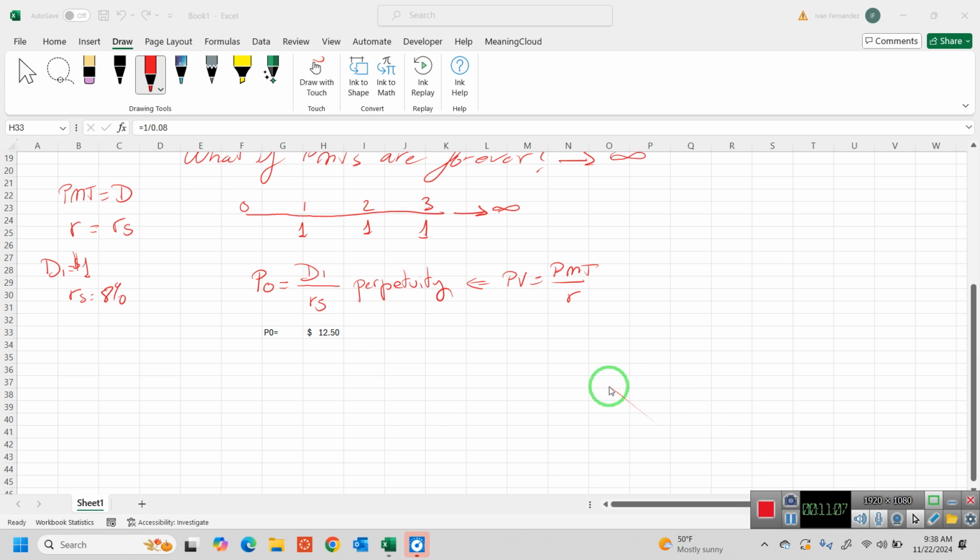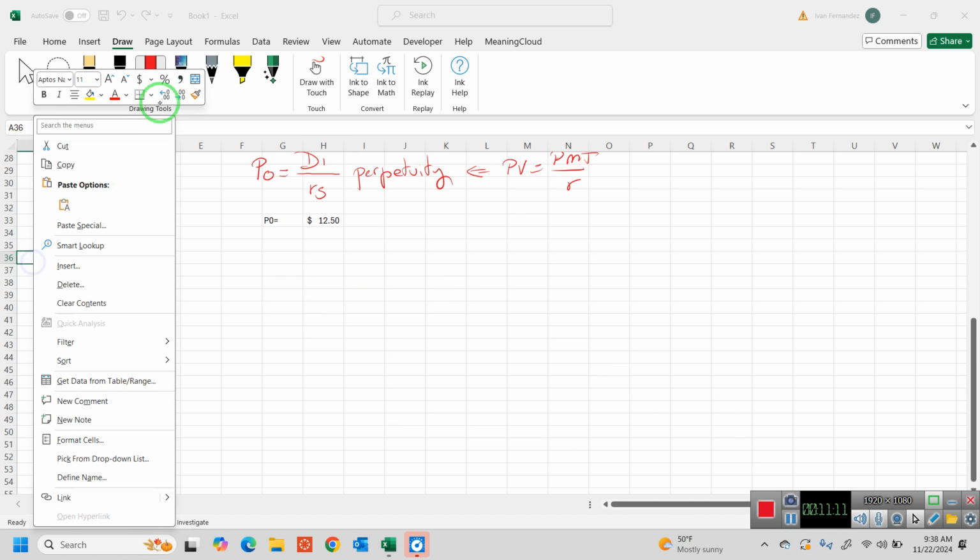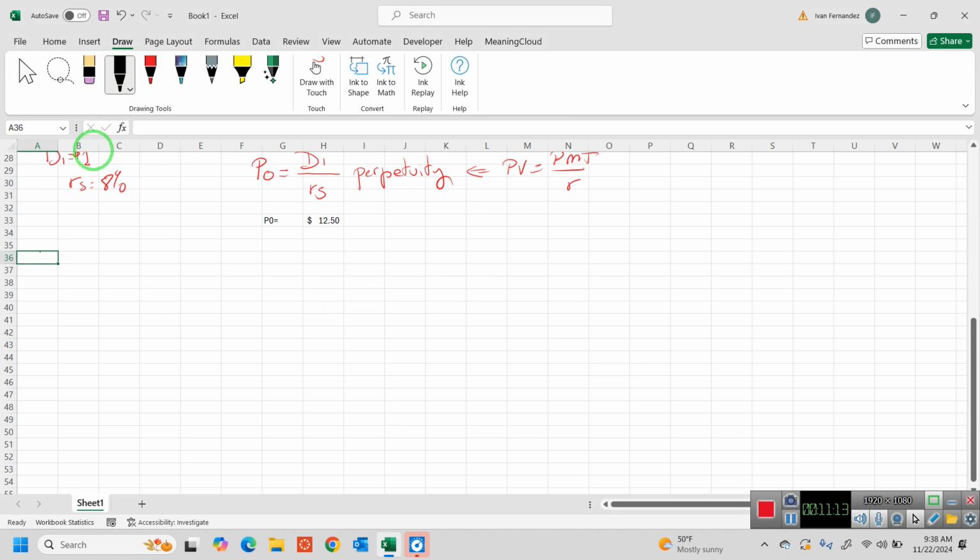But of course, things get more and more complicated. All right. What if the dividends, those payments, continue to grow at a constant rate forever?